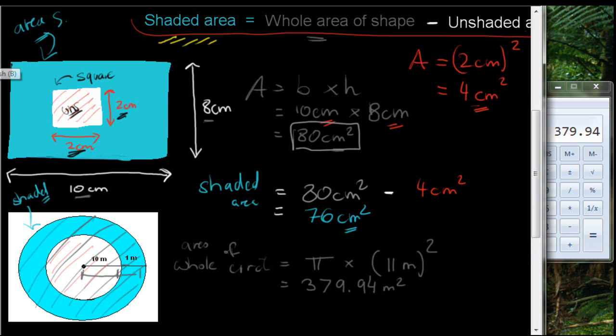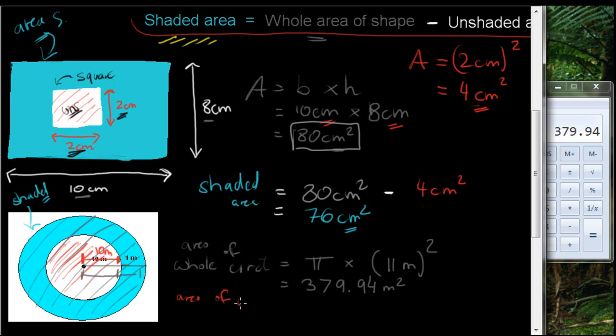But remember we need to get the area that is unshaded and remove it from it. So in red I'll do the unshaded area. This is going to be in red. And here we have the radius. It says this radius here is 10. Right? So this length, the radius, is 10.